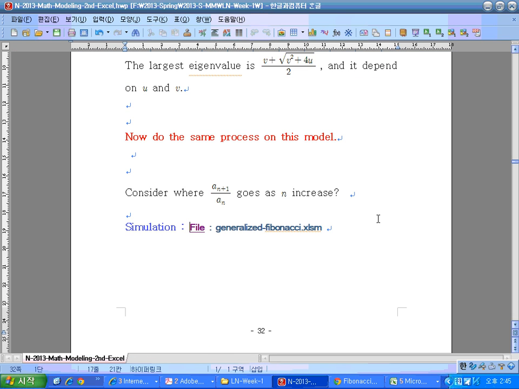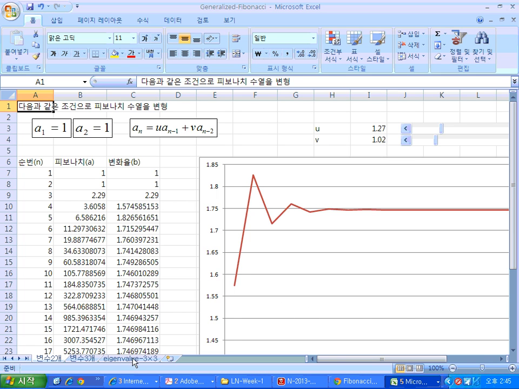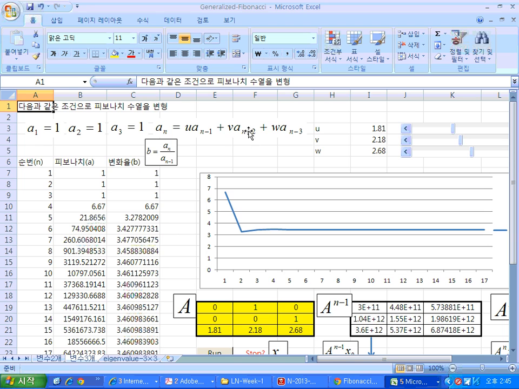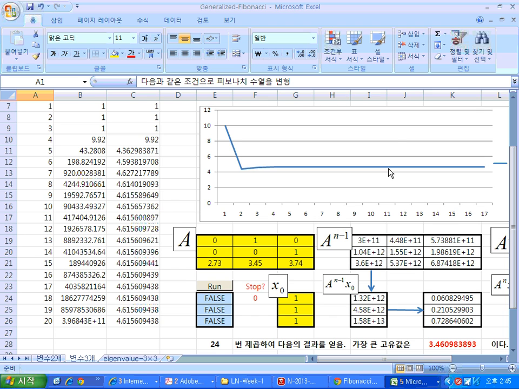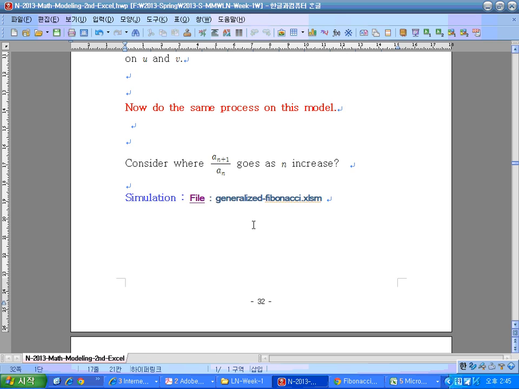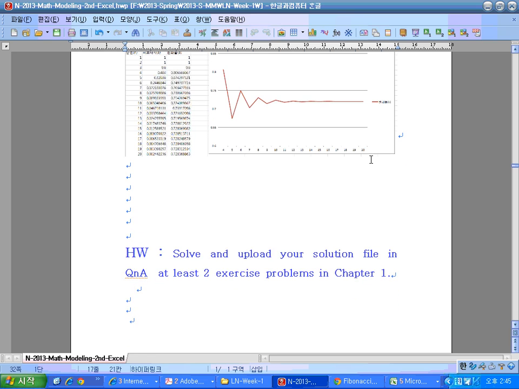And from that simulation of 2 terms and 3 terms, even for the more general form, for u, v, w, like that, we can easily expand it with the same techniques and the same knowledge. So we can find the ratio also converges to a certain number.